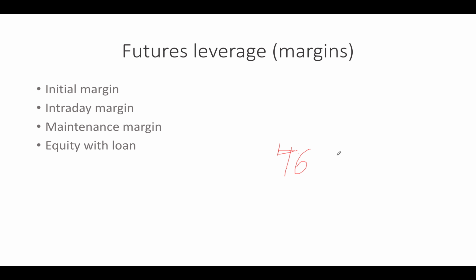Every tick of oil, which is 0.01, is equal to $10. So that means there's 1, 2, 3. 1 to 300 leverage, which is crazy.